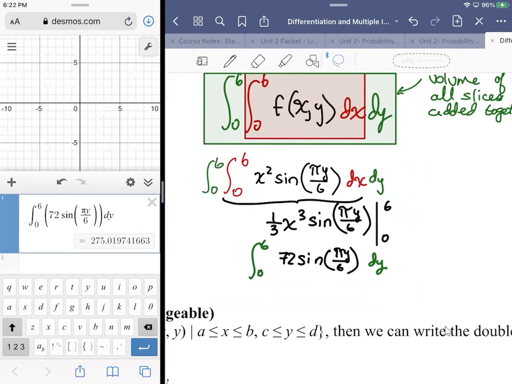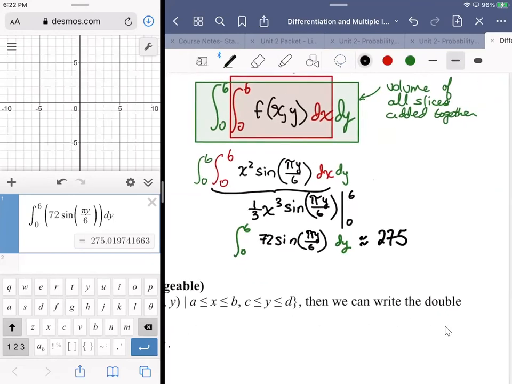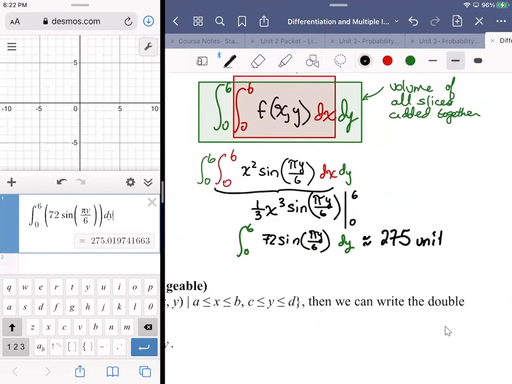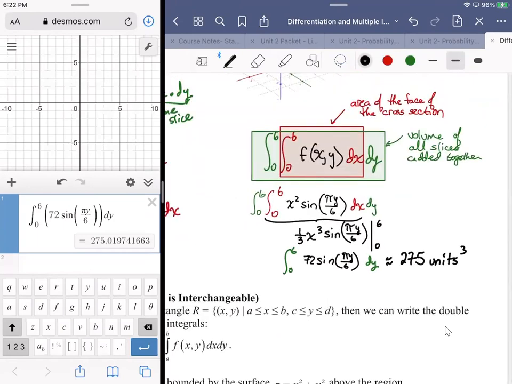It's more so developing what sort of integrand should be incorporated into your multiple integrals, and then what the order of integration ought to be. That's the important stuff. So about 275 is fine. Yeah, and this is cubic units because it is a volume.